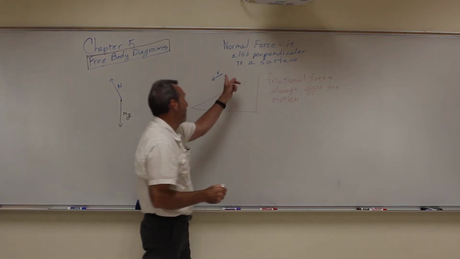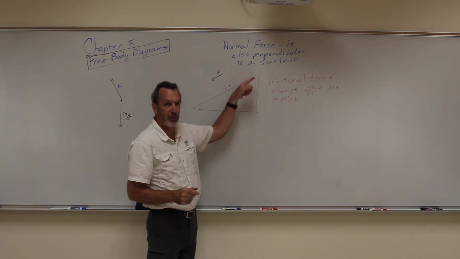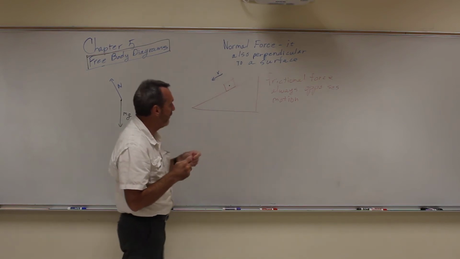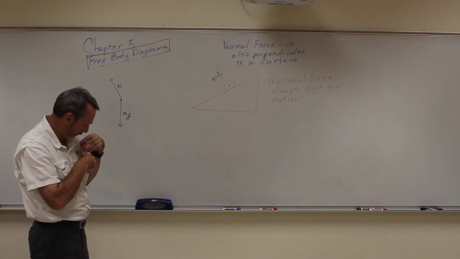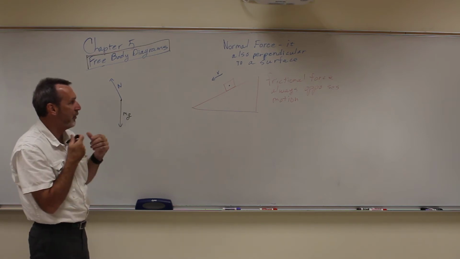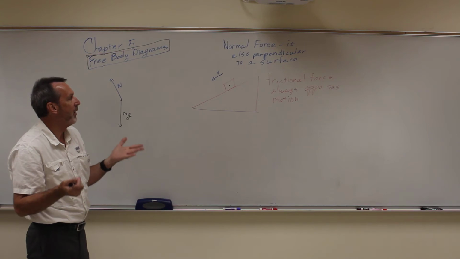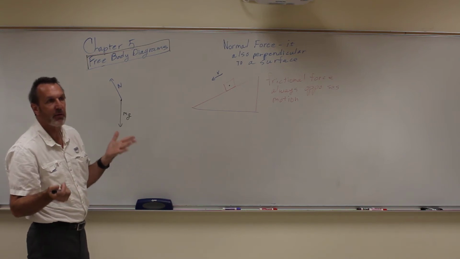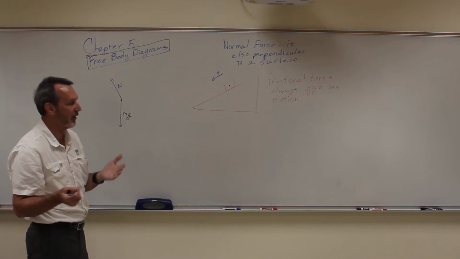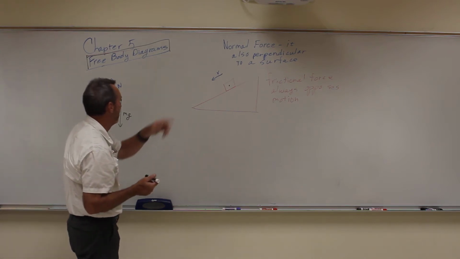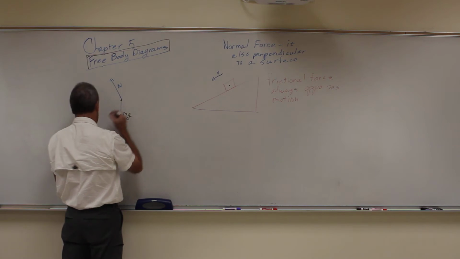So in this case, we have a velocity going this way, so the friction force has to be going that way. So you always have to look at which way it's going. Now it's a little trickier when it's not moving, when it's a static friction force. Then you have to say, well, which way is the frictional force? Well, it depends on which way it is trying to move. And that becomes a little trickier. We'll try one of those later. But this way, we already know it's moving. So we have a frictional force.